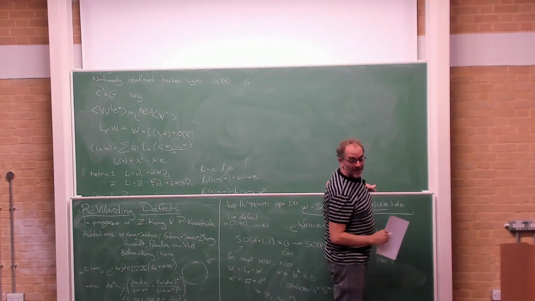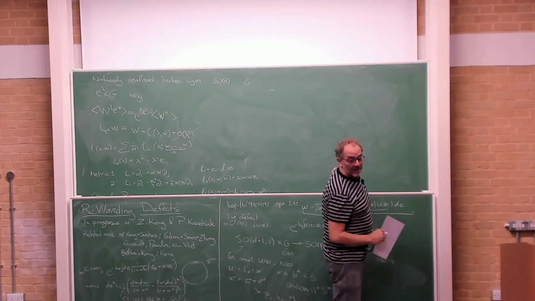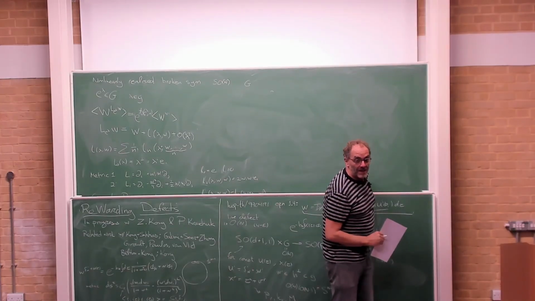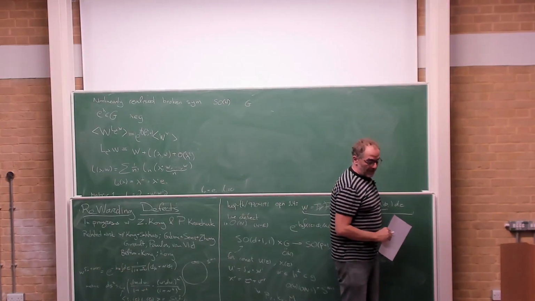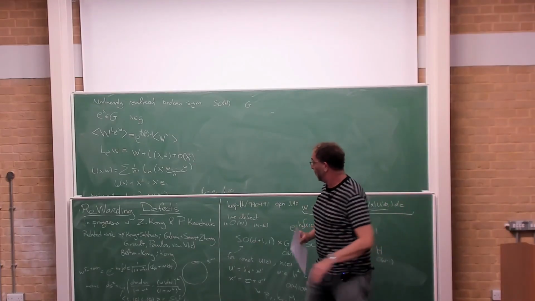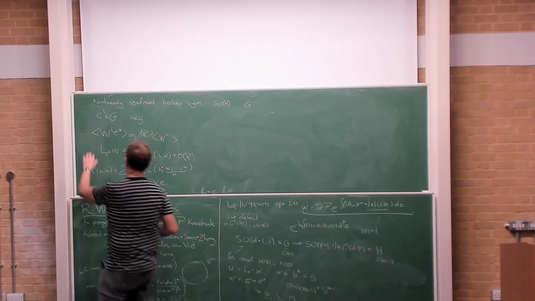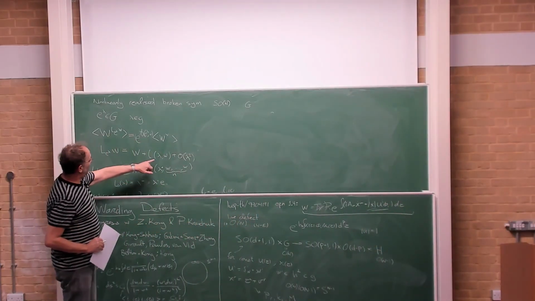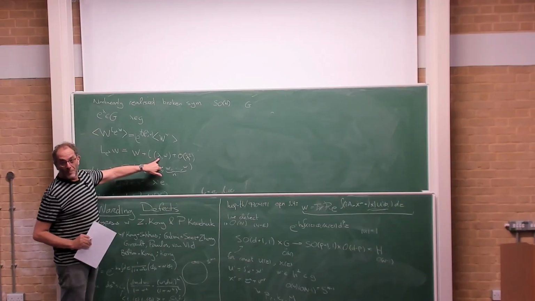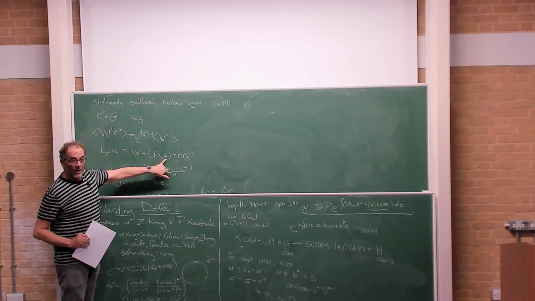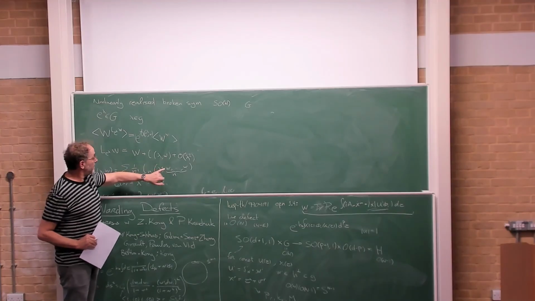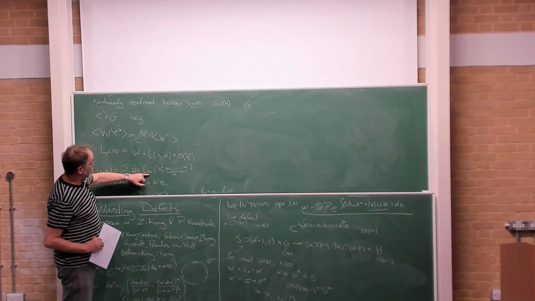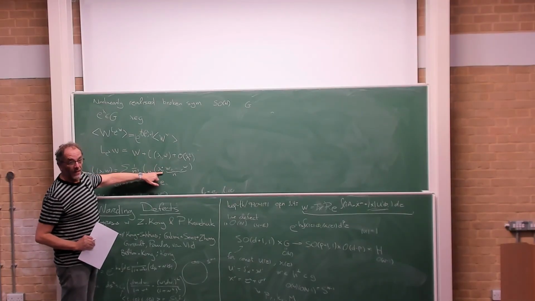Can you say again what is the ordering inside the... Yeah. So L is defined like this. Lambda is my global symmetry. W are my coordinates. L is an expansion in terms of it.